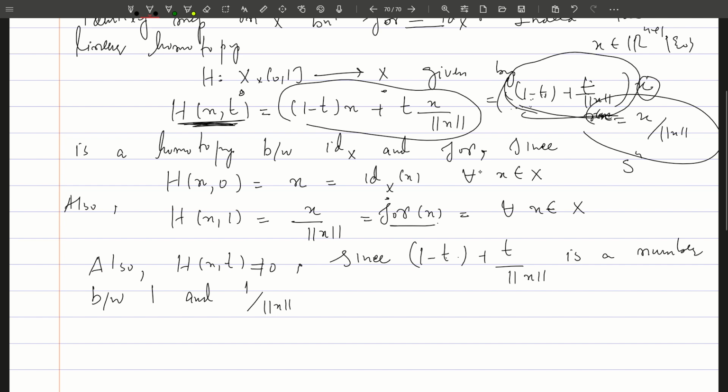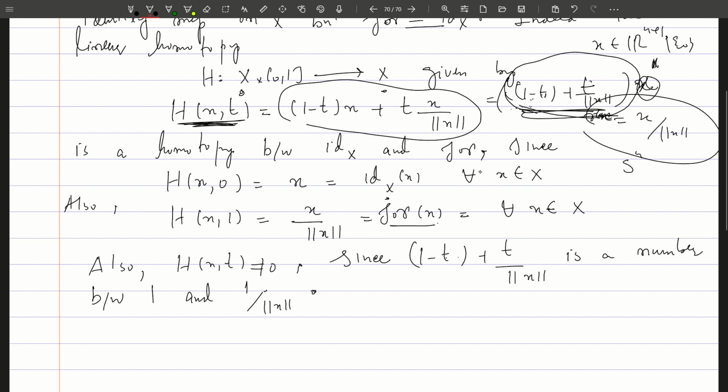It lies between these two numbers, which are both non-zero. So this factor is never 0, and x is also given to be non-zero. This means h of (x, t) is never 0.